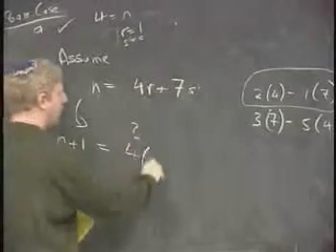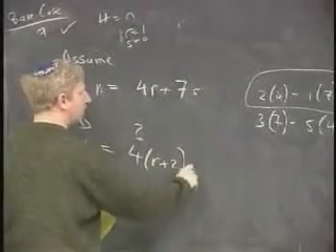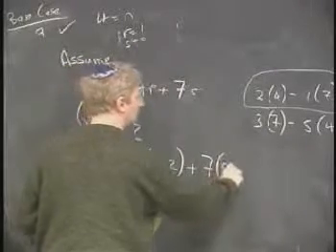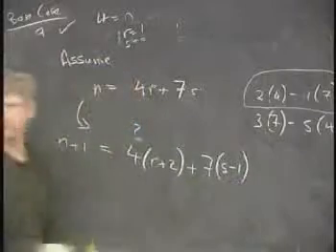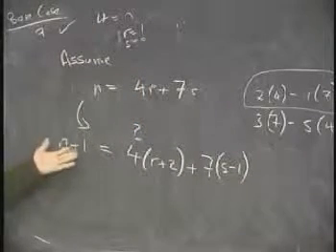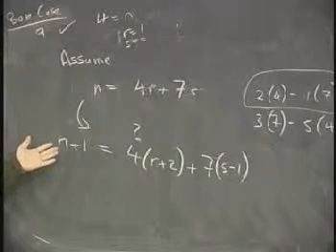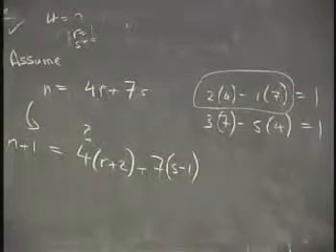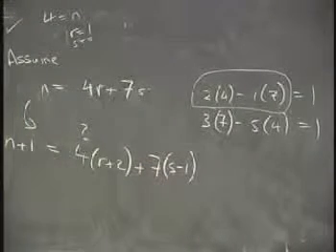So I get 4 times r plus 2 plus 7 times s minus 1. And there's n plus 1. Woohoo! I'm done, right? 4 times something plus 7 times something.